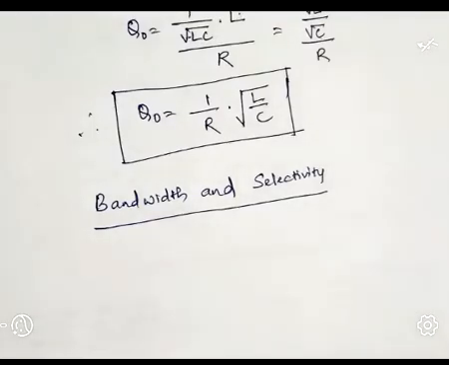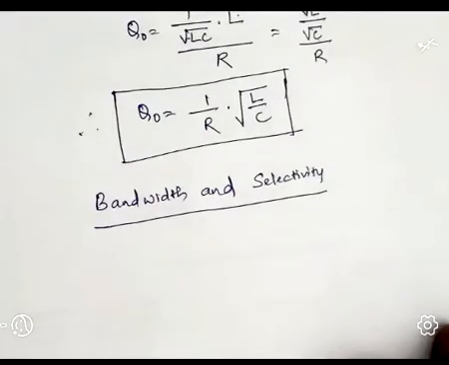That means the series RLC circuit can easily discriminate or distinguish the only frequency amongst the band of different frequencies. To compare the selectivity of different resonant circuits, it is necessary to know the bandwidth of series RLC circuit. So because of that reason, we are going to calculate the bandwidth.